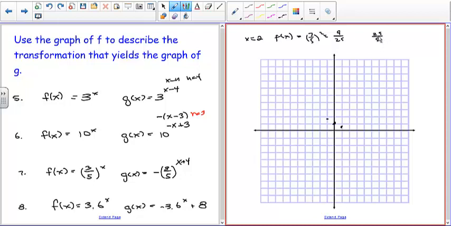So that's about 2.25, approximately. So we go over here 2 and up 2.25, something like that. And then we go down here and you'd have 4/9, which would be a bit less than 1/2. Okay, so you can kind of sketch things in.